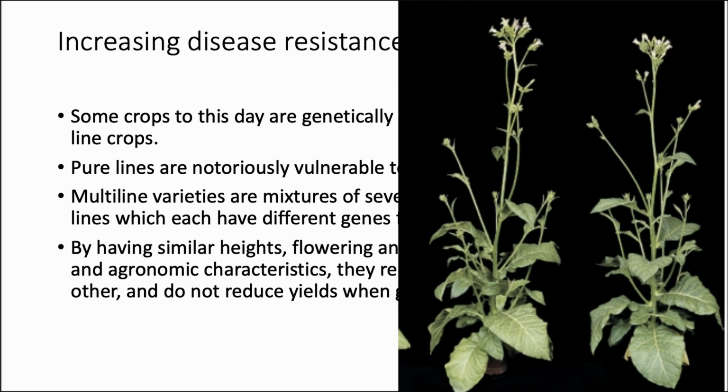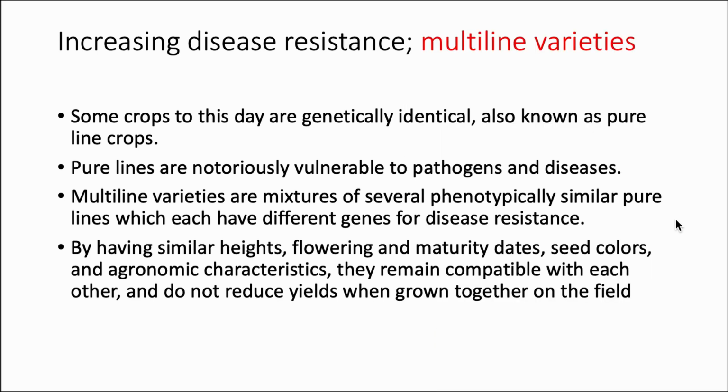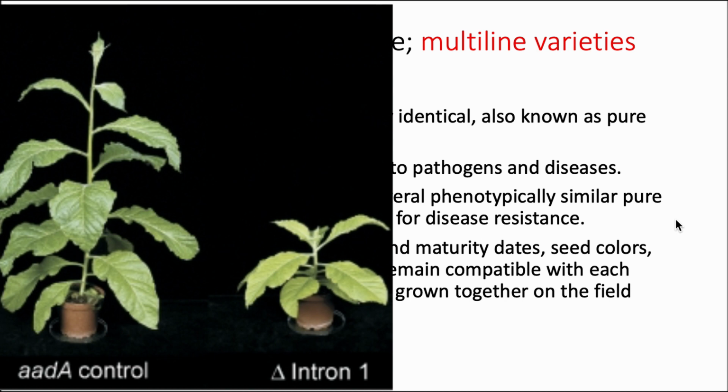Because guess what? When you come up with phenotypically similar plants, they're going to mature and grow at similar rates, and then you could take your machinery and collect all the plants at once. Now, phenotypically dissimilar plants are going to mature at different rates. And what are you going to do?